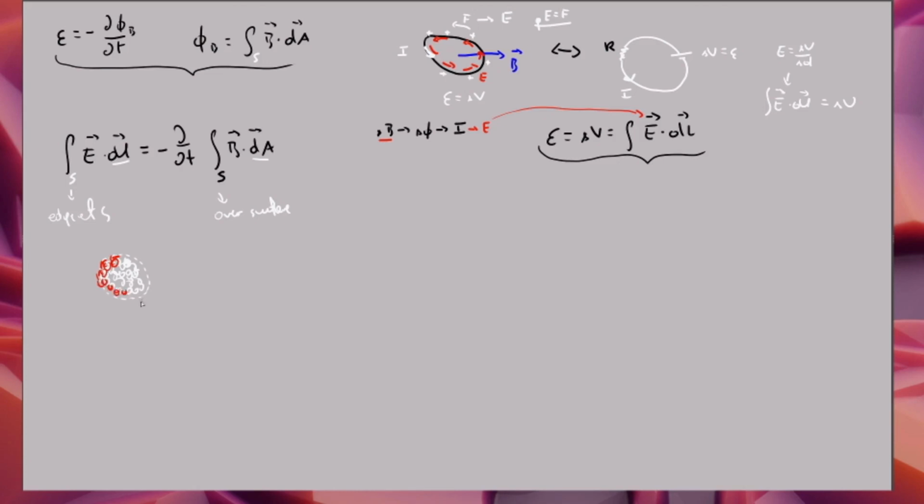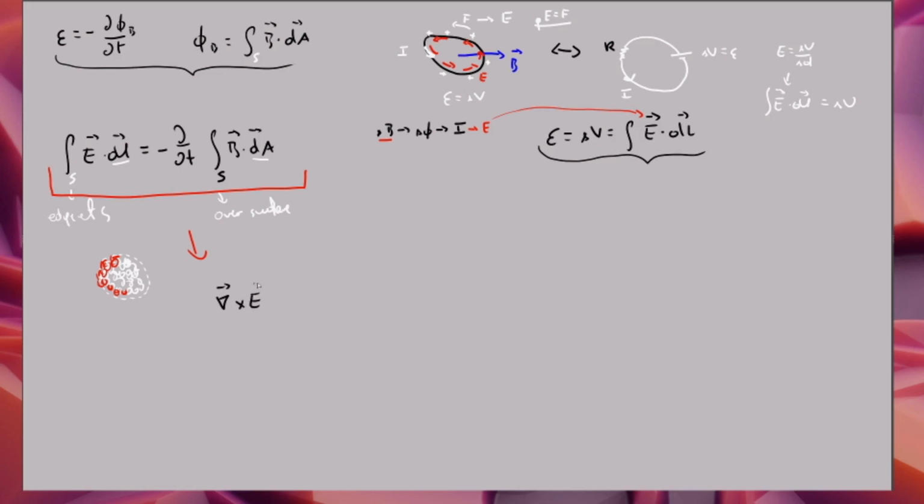Perhaps I'll skip a few steps, but this expression, by the way, is Faraday's law. This is how Faraday's law is frequently stated when Maxwell's equations are given. You can take this and rewrite it in a vector, derivative form in the following way.